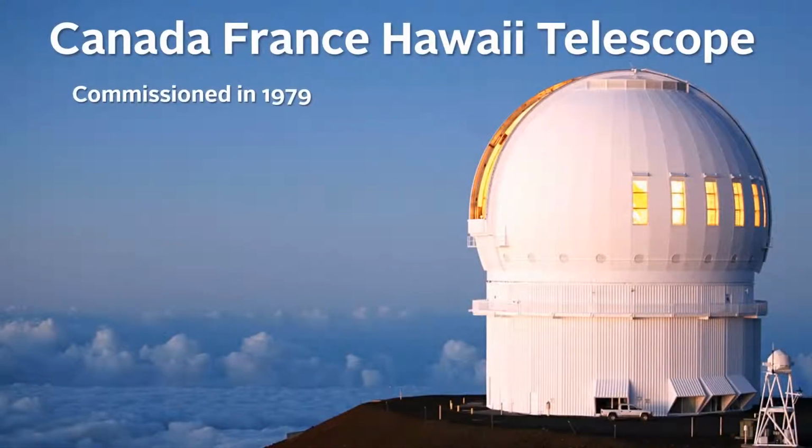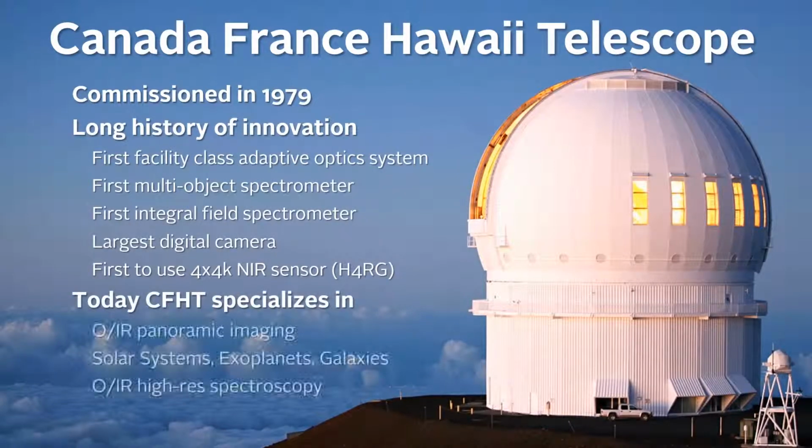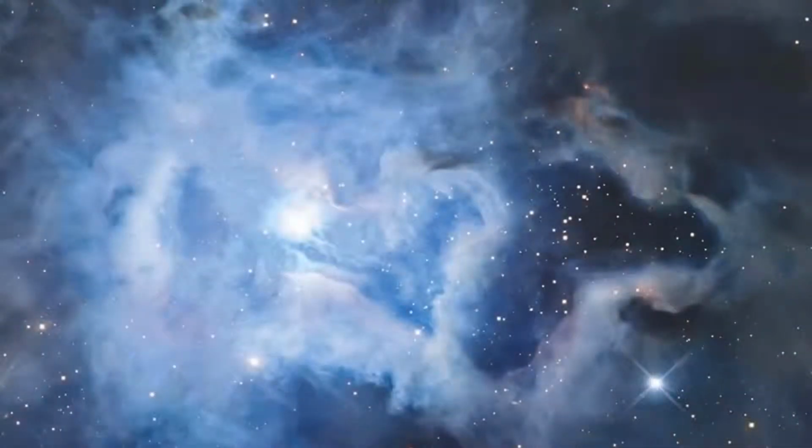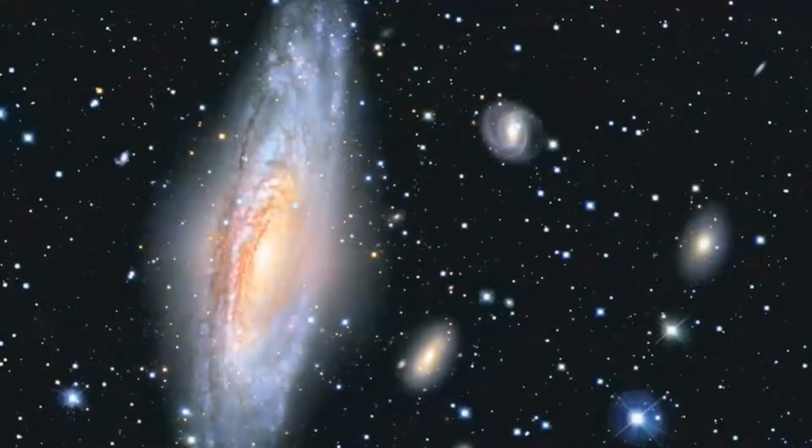Now, this telescope has been around for 40 years with a long history of firsts in the fields of astronomy and optics. And in fact, the CFHT has given us great insight into things like stellar nurseries, stellar graveyards, and even galaxies completely outside of our own.